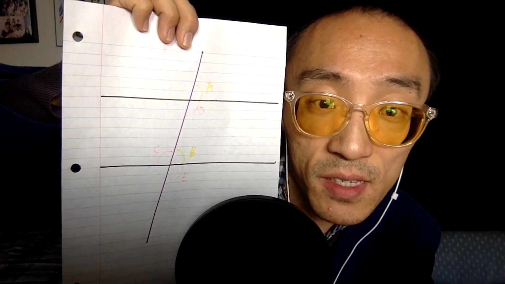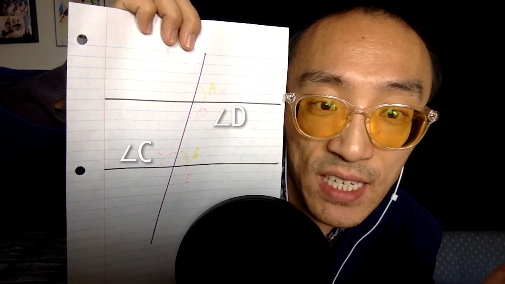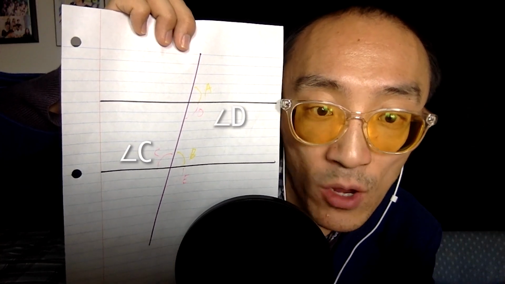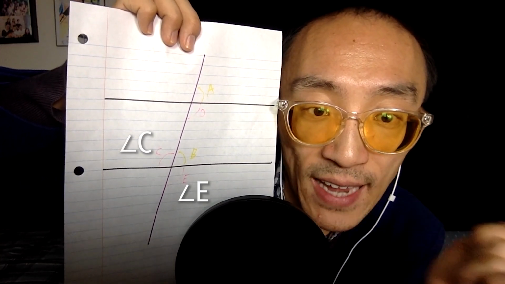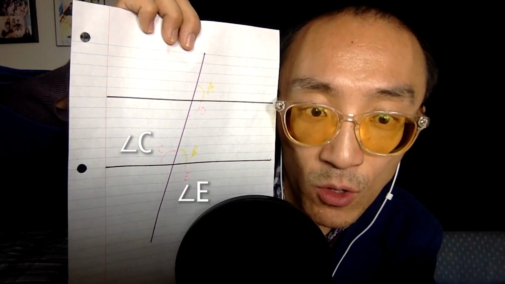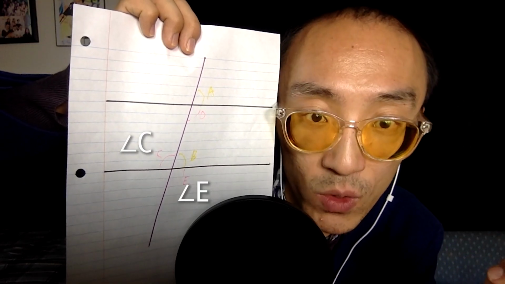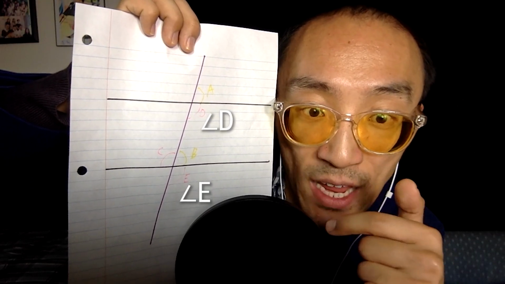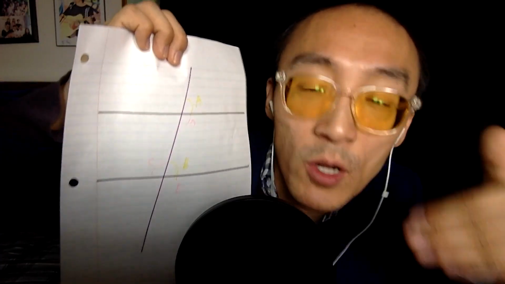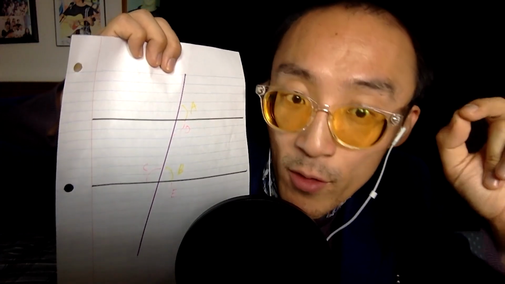So to summarize, angle C and angle D are alternate interior angles. Angle C and angle E are opposite angles, also known as vertical angles. Angle D and angle E are corresponding angles, much like angle A and angle B. And by the way, if you want extra trivia, angle B and angle C are supplementary angles. Same with angle B and angle E. But we don't have to know supplementary angles for this proof.